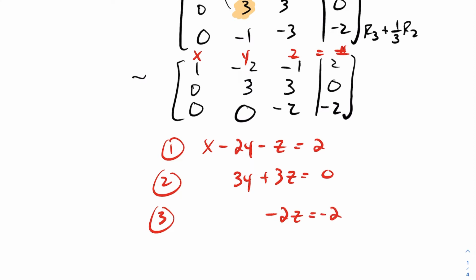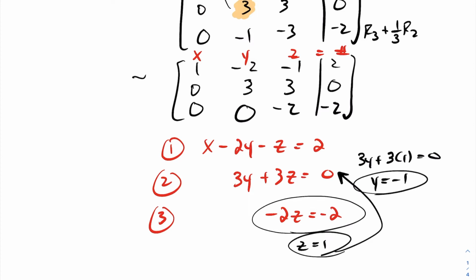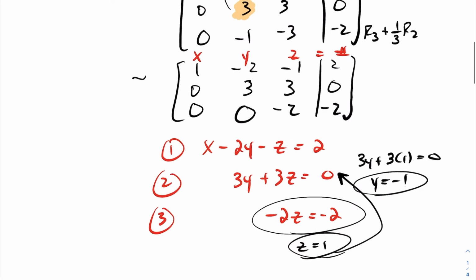So you can see here what we can do now is I can go ahead and solve for z here, giving me z equals 1. I can sub that back into this equation, giving me 3y plus 3 times 1 equals 0, in which case here I get y equals -1. So now I have the values of z and y, and I can sub both of those back into here to solve for our x value.